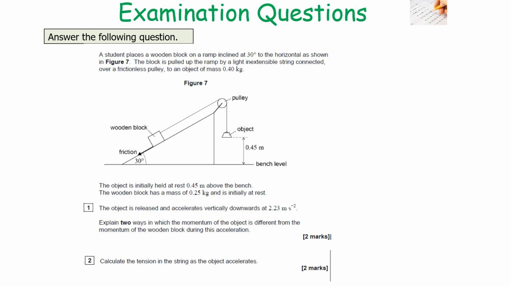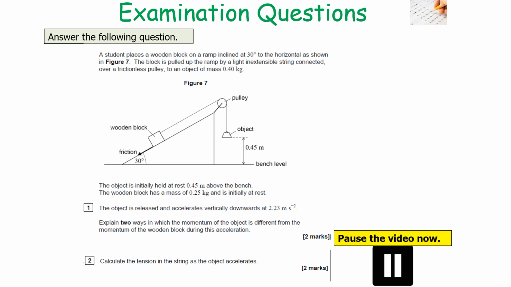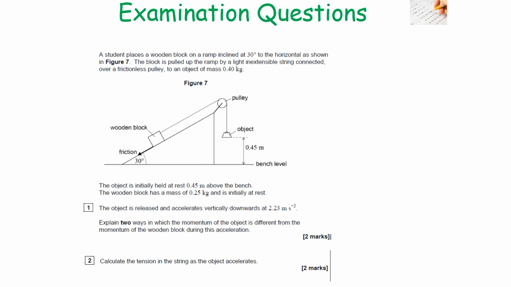The wooden block has a mass of 0.25 kilograms and is initially at rest. The object is released and accelerates vertically downwards at 2.23 meters per second squared. Explain 2 ways in which the momentum of the object is different from the momentum of the wooden block during this acceleration, then calculate the tension in the string as the object accelerates. So pause the video now, then unpause the video when you want to go through your answer.